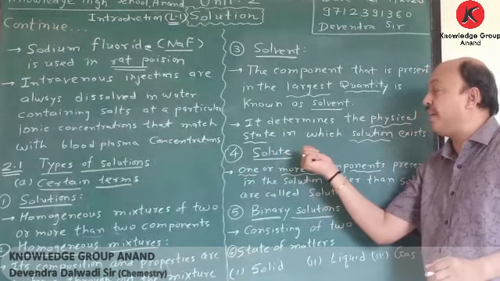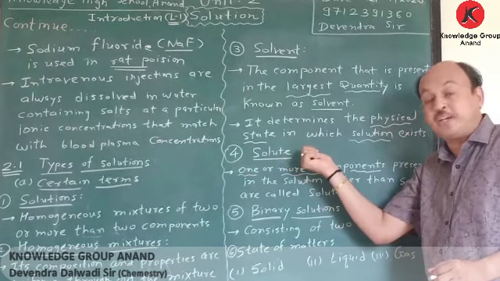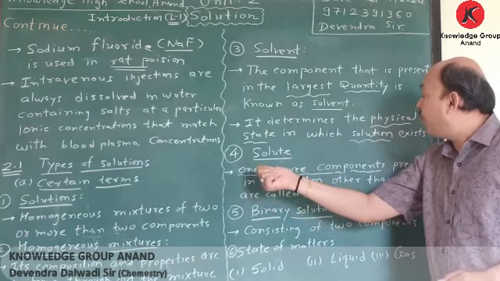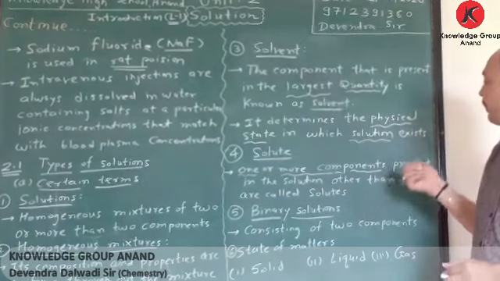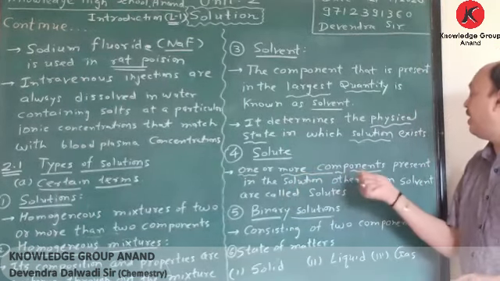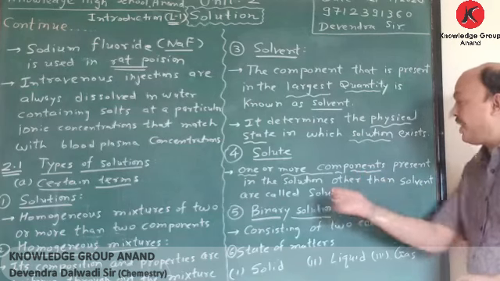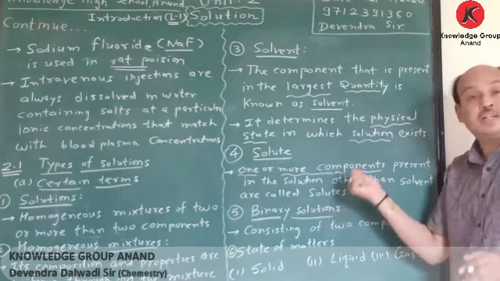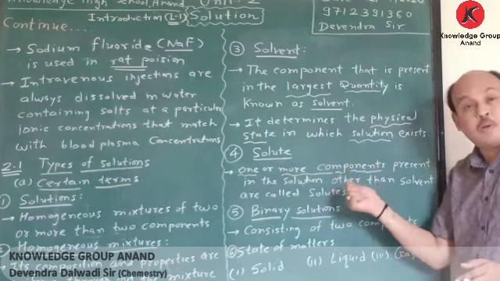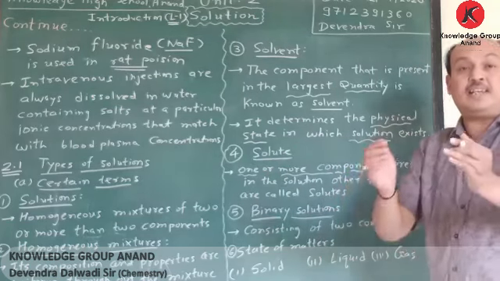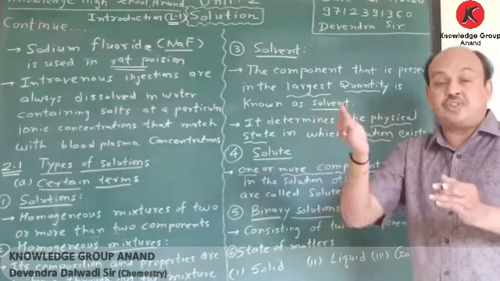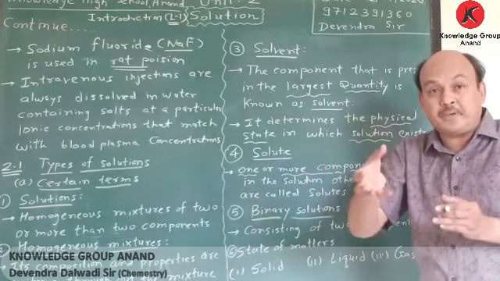Next is an important term, solute. One or more components present in the solution other than the solvent are called solutes. Suppose we take sugar and sodium chloride, so here two components are there.